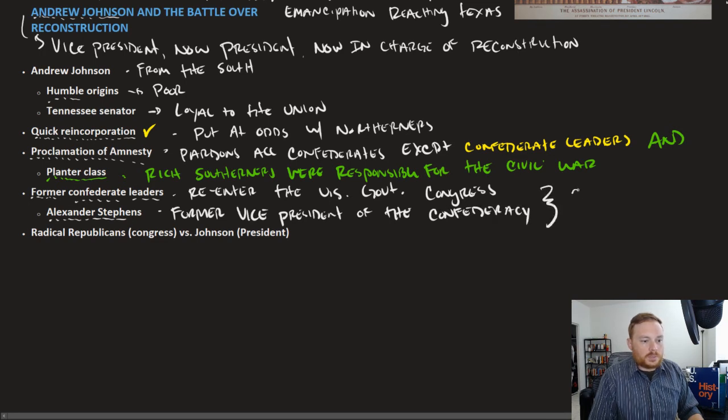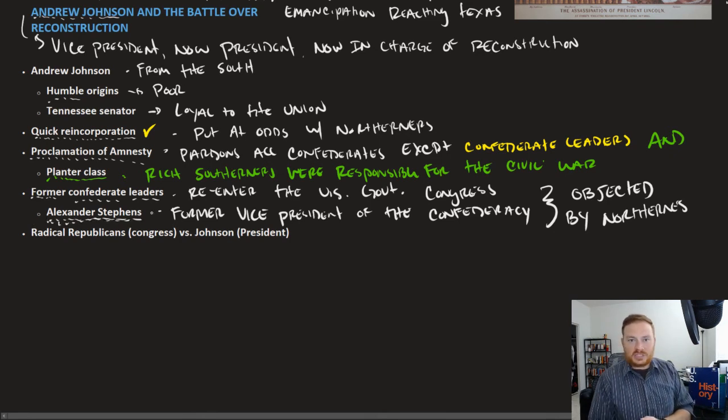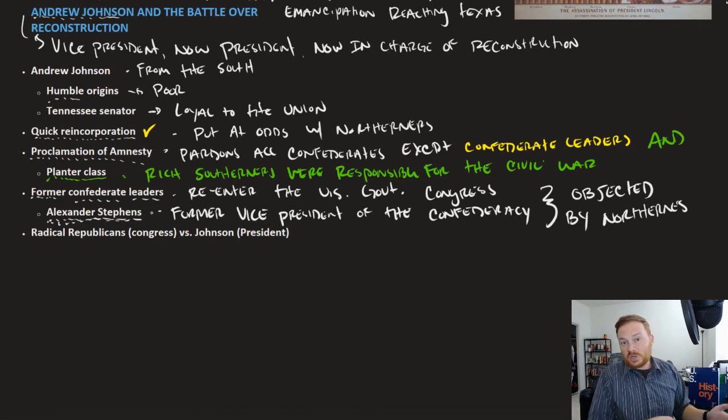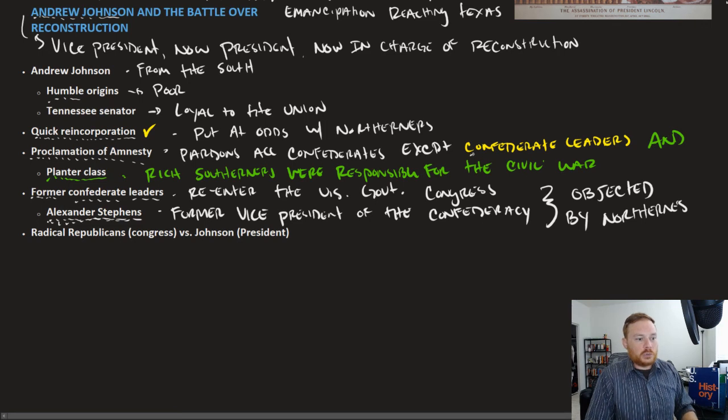This right here was objected to, or objected by, I should say, Northerners, right? The idea that you can get a guy like Alexander Stephens, who was the vice president of the Confederacy, he was the second highest ranking political member, because additionally what other Southerners did who were excluded by this part of Andrew Johnson's plan was that they could petition Andrew Johnson for a pardon, and Andrew Johnson could or could not, if he wanted to, pardon them for their role in the Civil War.